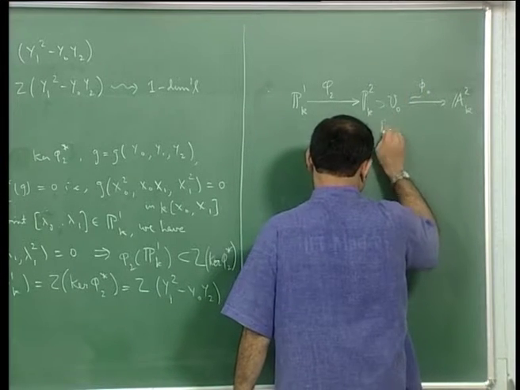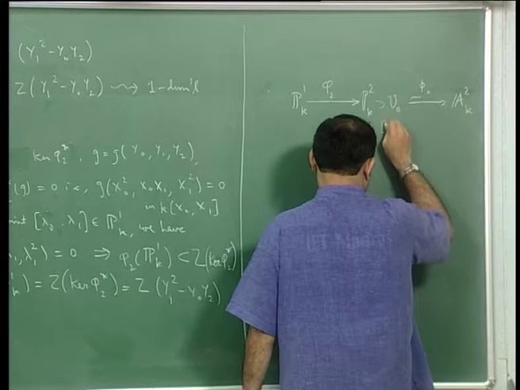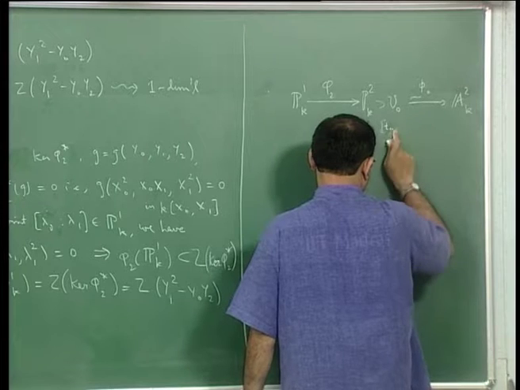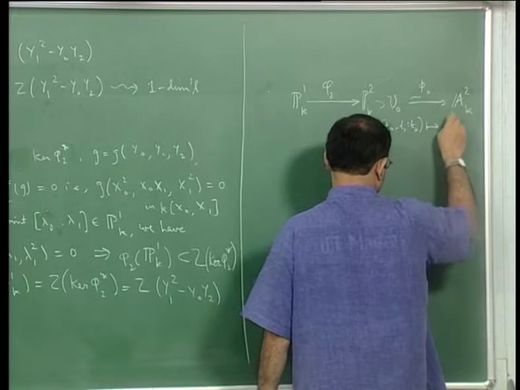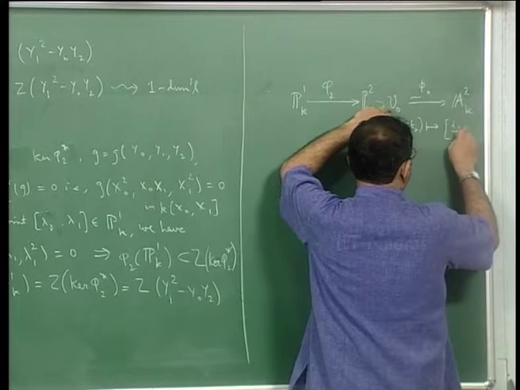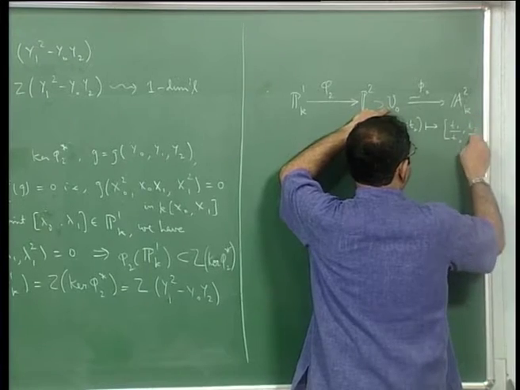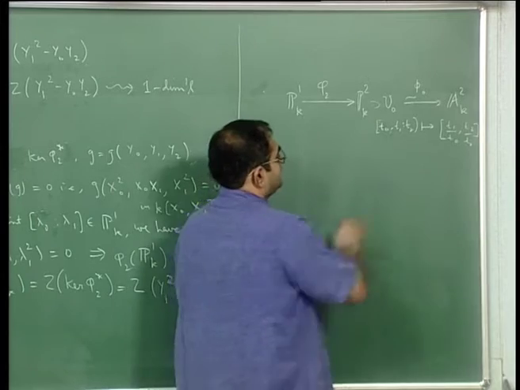This map is just something that sends T0 T1 T2 to, well, T0 is not 0 on U0, so I will send it to T1 by T0, T2 by T0. This is what this map is.